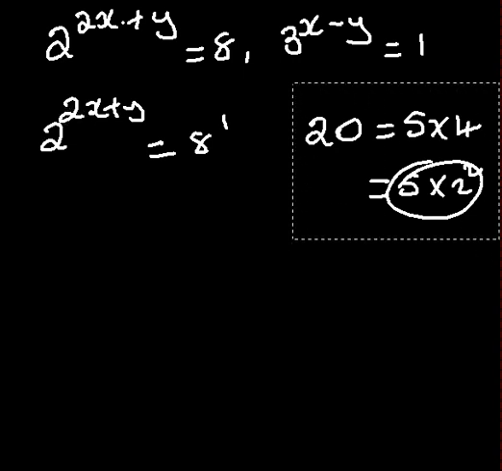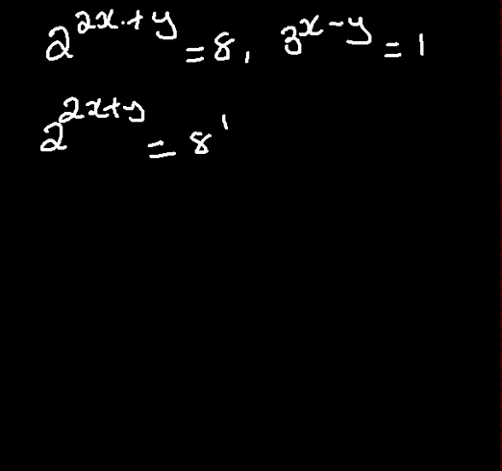Which means the only thing we should do is make sure that 8 has the same base as 2. So we express 8 with base 2: 2 to the power 2x plus y is equal to 2 to the power 3, because 2 to the power 3 is the same as 8.